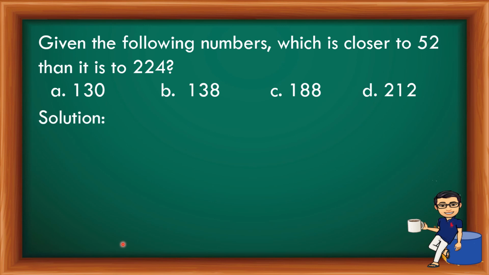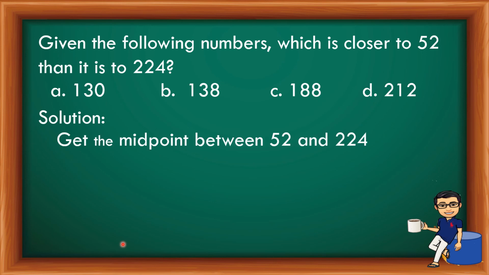To determine our answer in that case, we need to get the midpoint between 52 and 224. It is important that we are familiar with the formula of the midpoint. This is the formula: x sub 1 plus x sub 2 divided by 2. Consider that x sub 1 is 52 and x sub 2 is 224.